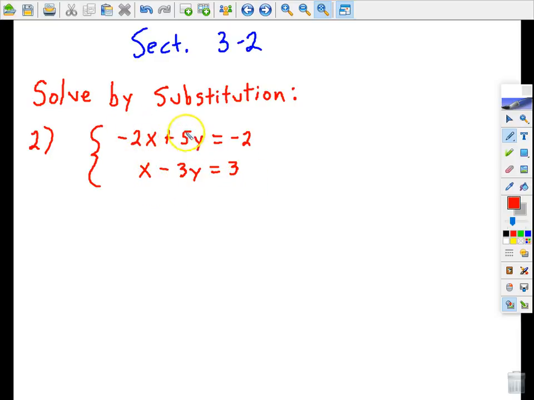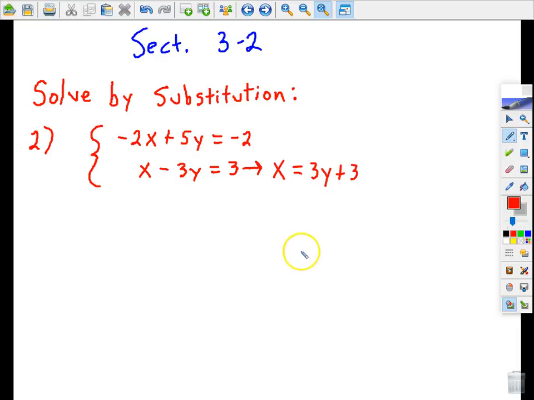All of the others are going to require 2 steps. I'm going to have to add, and then I'm going to have to divide by whatever the coefficient is in front of the variable. So if we can save a step, it makes sense to go ahead and do that. So I'm going to start by solving the bottom equation for x. And once again, that means I'm going to add 3y to both sides of this equation.